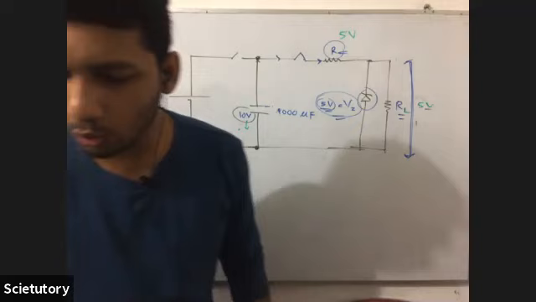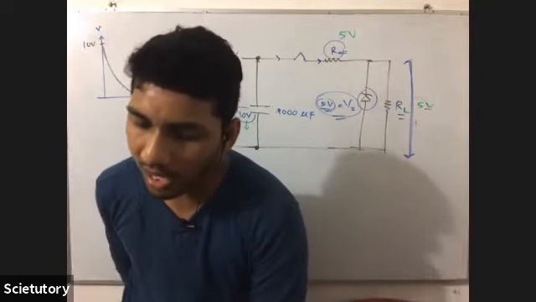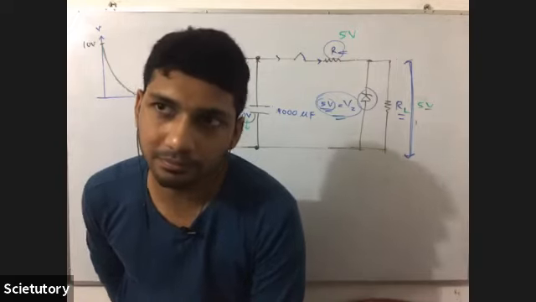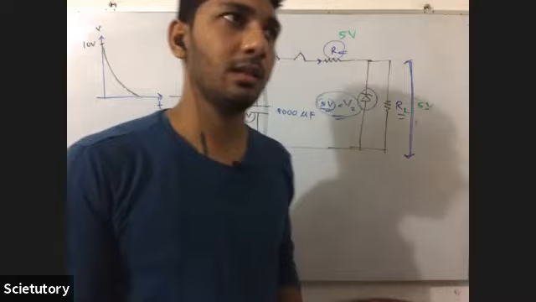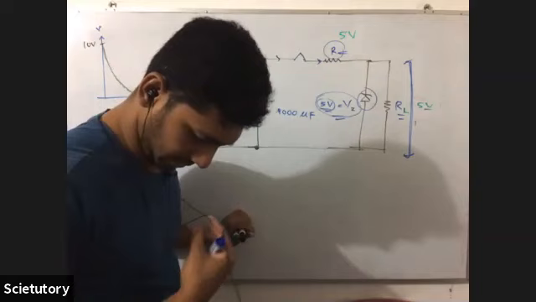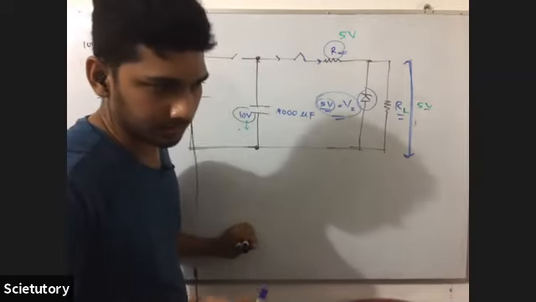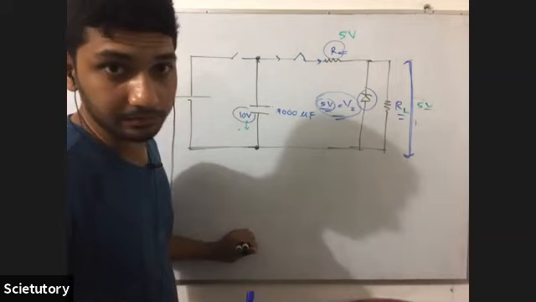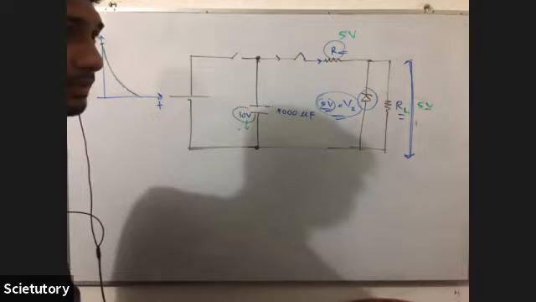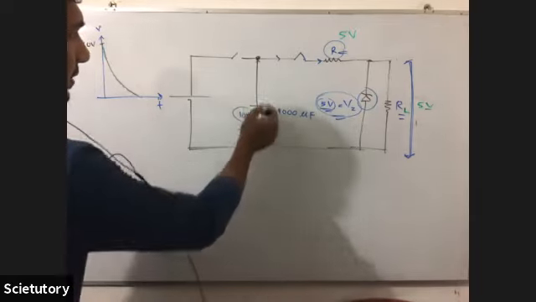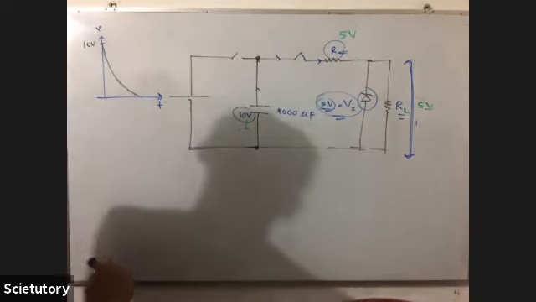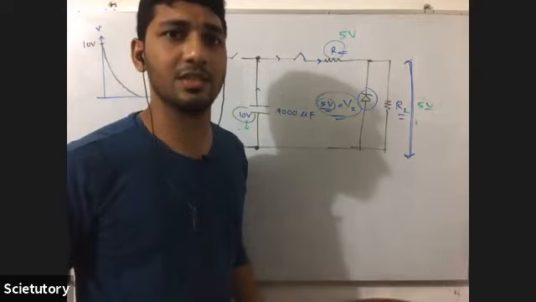Then the B, the time period through which the voltage across RL remains constant does not depend on the value of the capacitance. So let's think about it. But how does the capacitance matter? Does that matter first? Will that affect? Yeah, definitely. So this is discharging of the capacitor. The discharging process is actually supplying the charge that is stored.